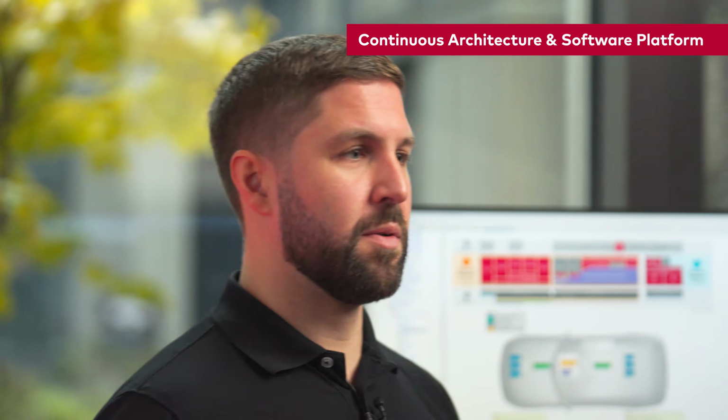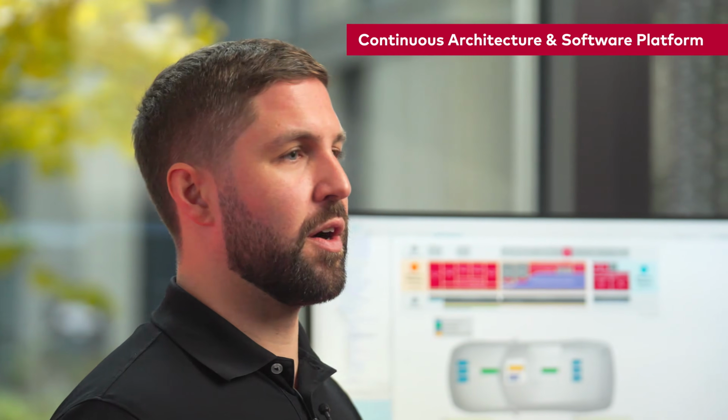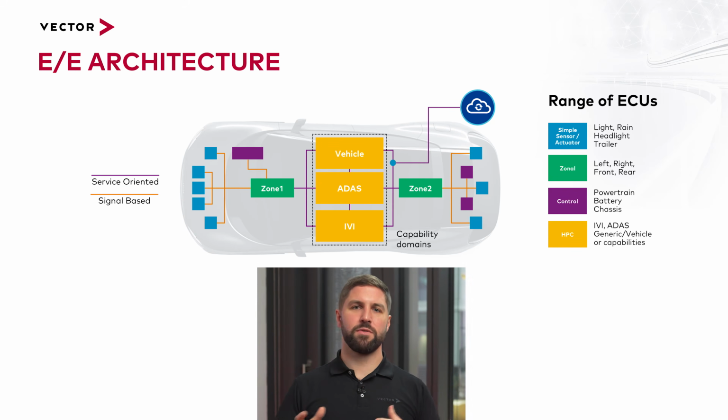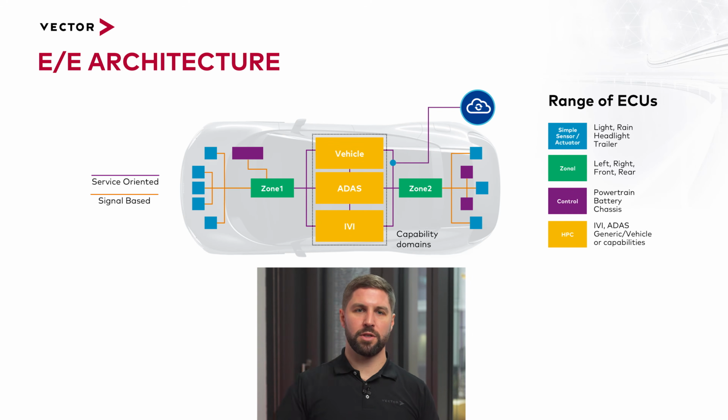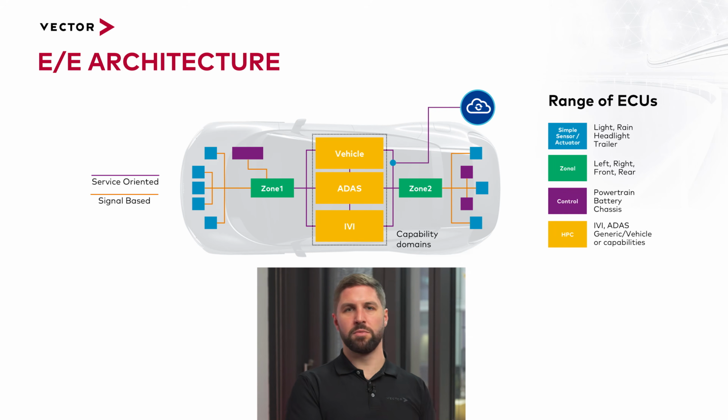What we can see here is the overall EE architecture. Of course, it's very simplified. That's our EE architecture in a system architecture view of our model car, which we will update later on as well. We have different ECUs ranging from very small, simple sensors and actuators through zonal ECUs, control ECUs, up to really large and powerful high-performance computers.